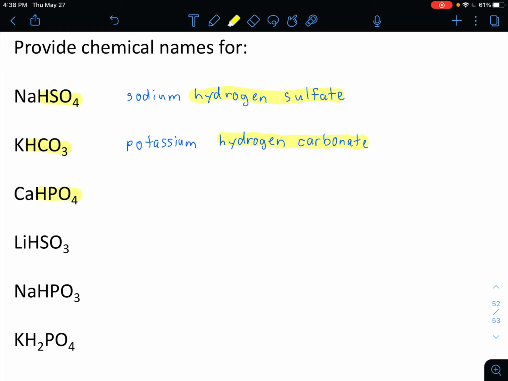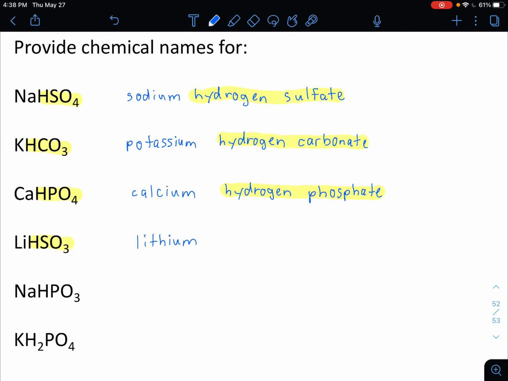This next one, HPO4, that's hydrogen phosphate, and it's paired with calcium, so it'll just be calcium hydrogen phosphate. All right, now we have HSO3, so it's the non-parent, right? It's SO3 instead of SO4, and I've added a hydrogen to it, so that's hydrogen sulfite.